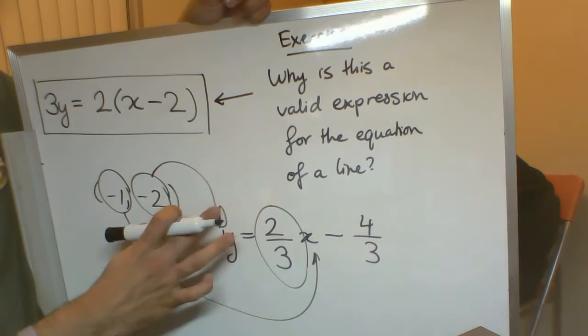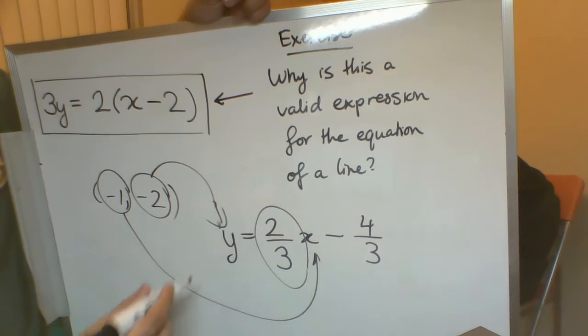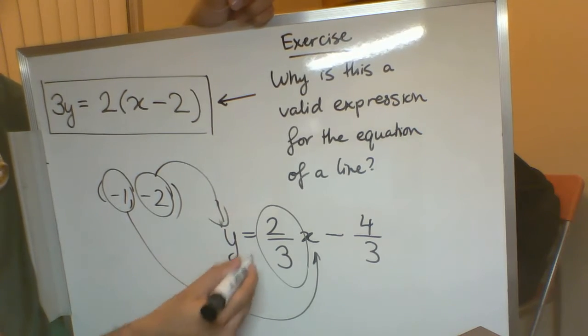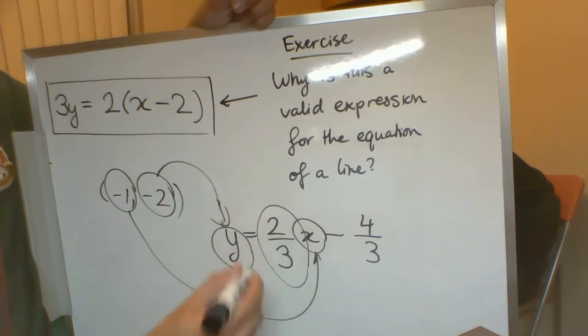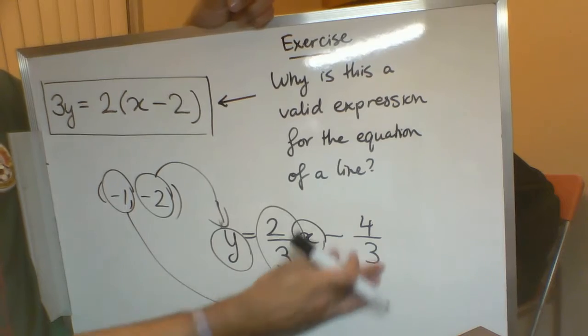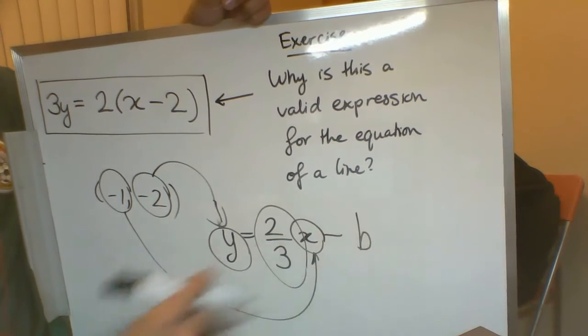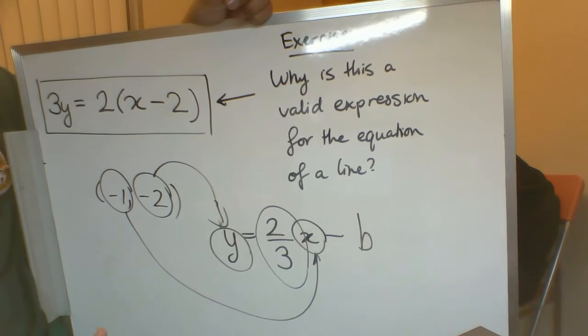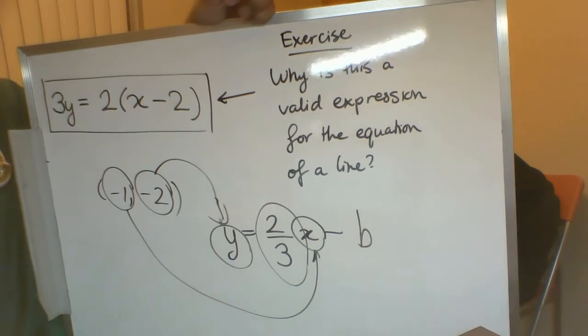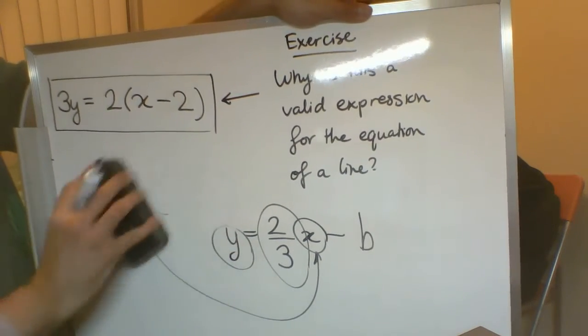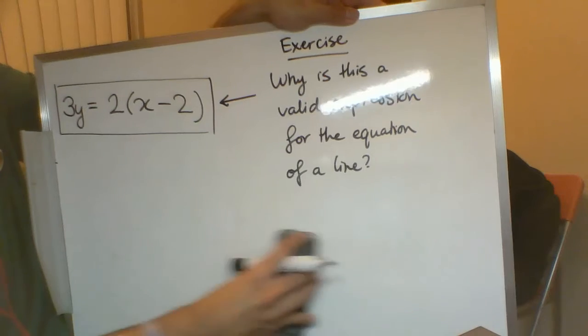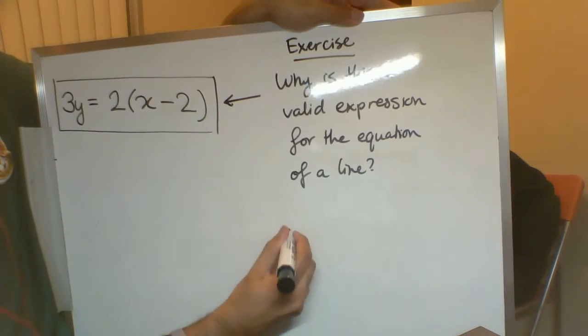So we had numbers everywhere except for over here, and then we used those numbers to calculate the y-intercept, which is b.